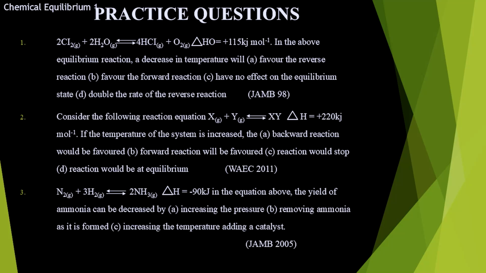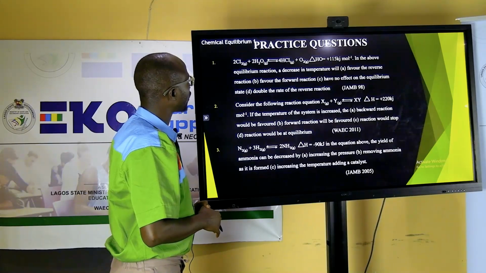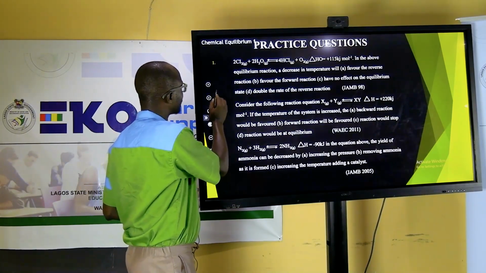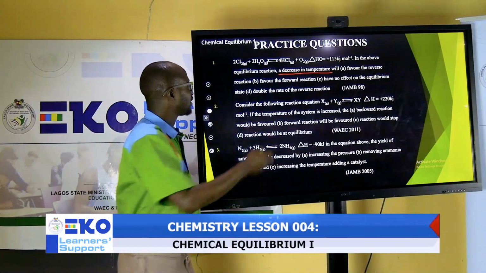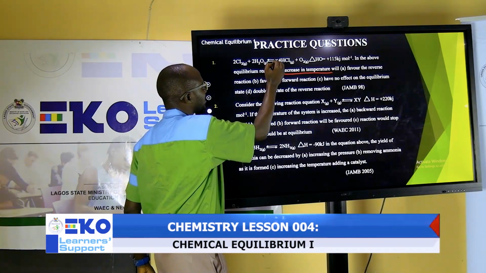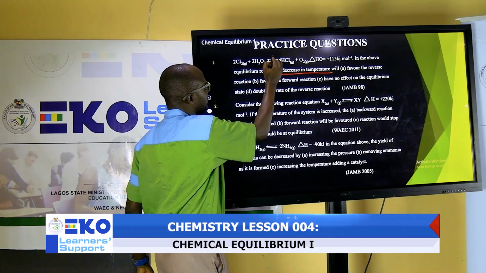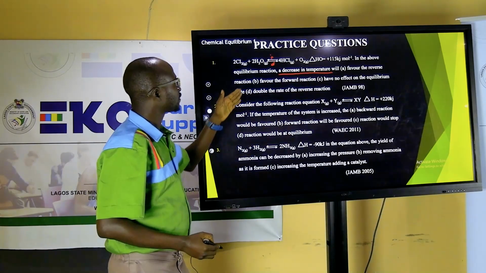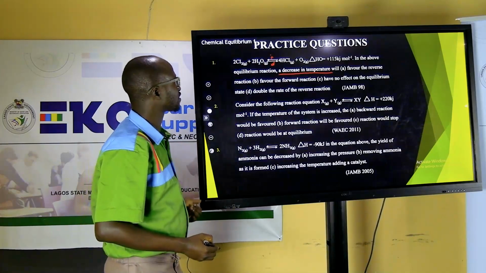These are some examination questions taken from JAMB, WAEC. Looking at this reaction above, the question asks us, what would be the effects of a decrease in temperature? If you remember what I've said, this is an endothermic reaction. The forward reaction is D, while the backward reaction is I. So the forward reaction leads to decrease in temperature, while the backward reaction leads to increase in temperature.